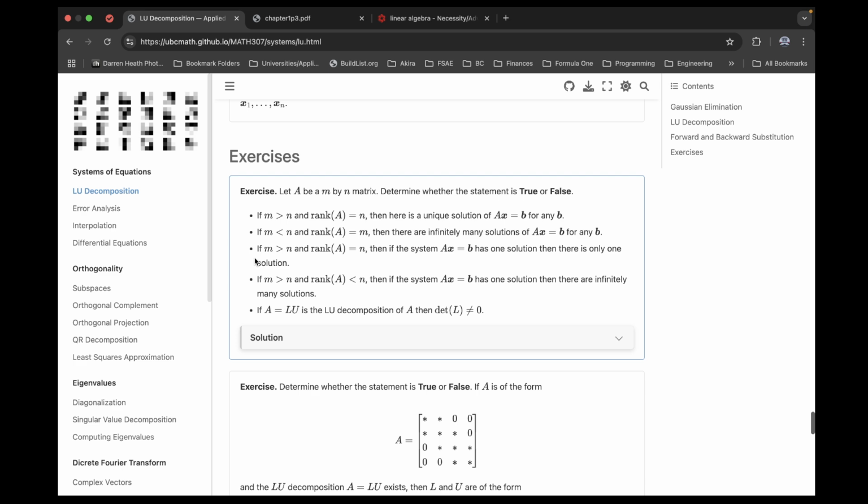If the rows is bigger than columns and the rank is equal to columns.